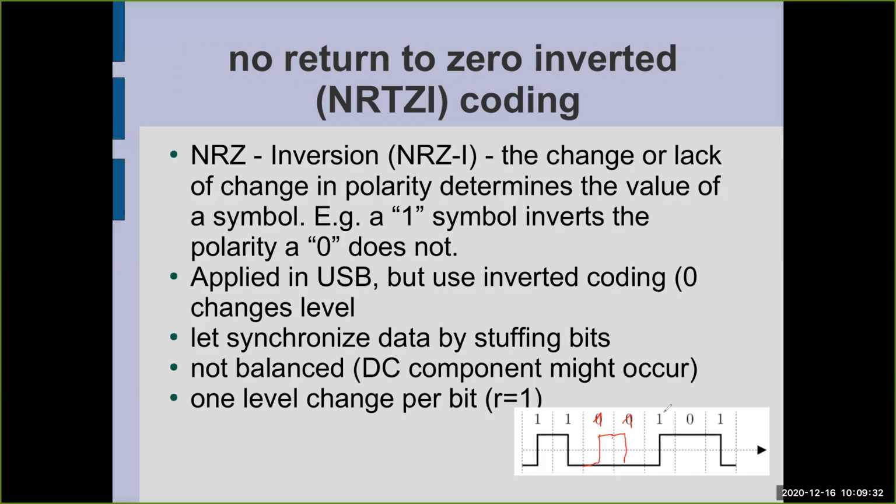Okay, so this is another way how we can code data. What is the difference? If we have a string of the same values and these bits are 1, every single bit can be distinguished. So it's improved synchronization. But if we have a stream of bits where there is constant 0, okay, there is a lack of synchronization.